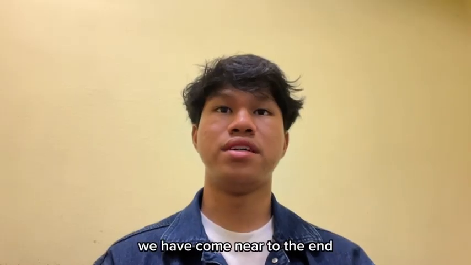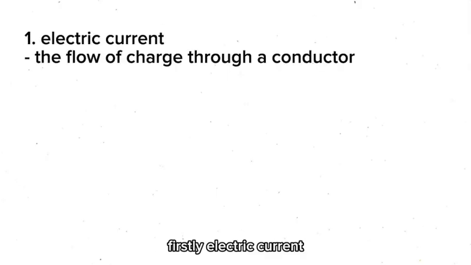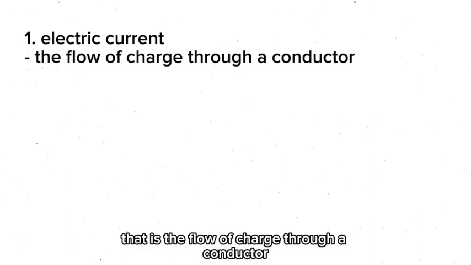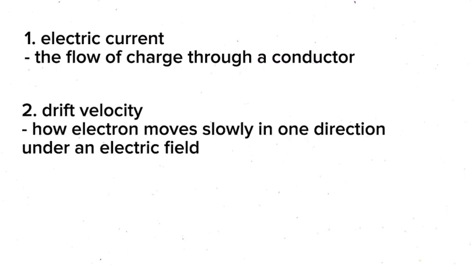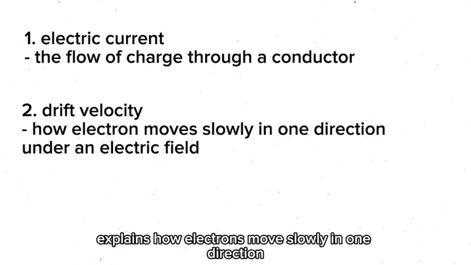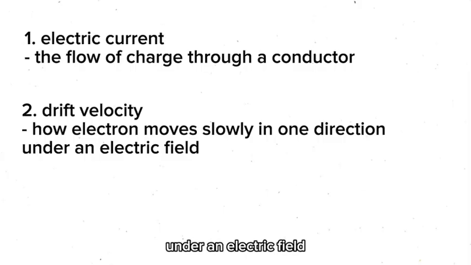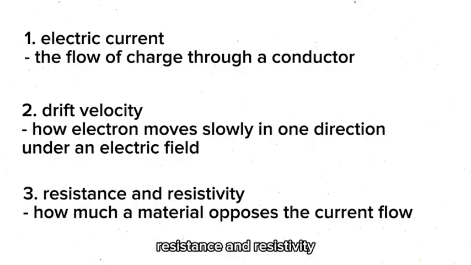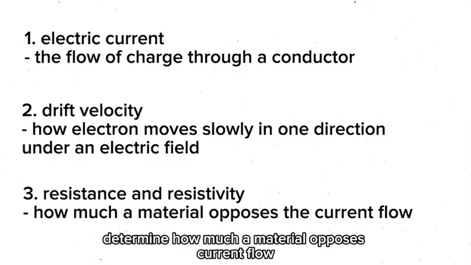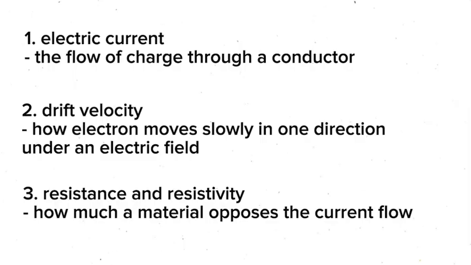Now that we have come near to the end, let's summarize what we have learned today. Firstly, electric current, that is, the flow of charge through a conductor. Drift velocity explains how electrons move slowly in one direction under an electric field. Resistance and resistivity determine how much a material opposes current flow.